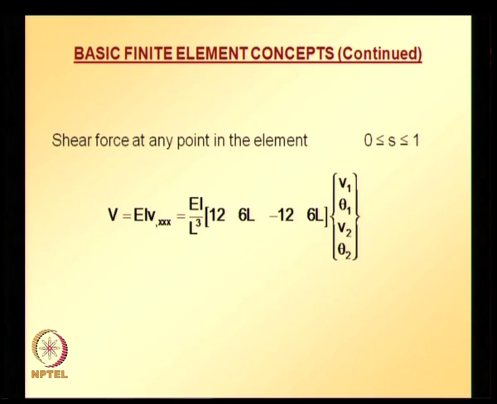So the 2 node element that we just developed gives the exact solution when it is used to analyze prismatic beams, that is EI is constant, subjected to concentrated loads.